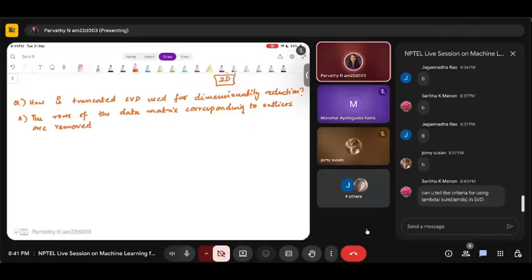The rows of the data matrix corresponding to outliers are removed.